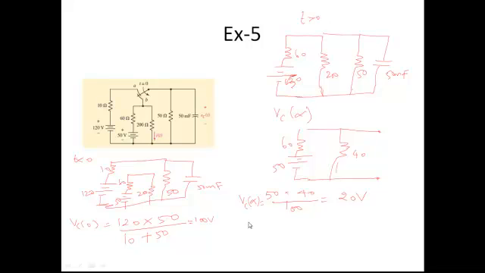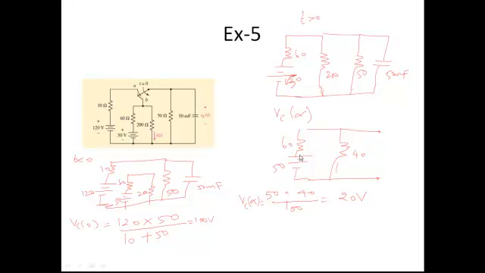The next step is finding R equivalent. Now you have to find the equivalent resistance seen by the capacitance. If you look from the capacitance, you make all the sources equal to 0. If you make the voltage source 0, it becomes short circuited. So under the short circuit, you will find this 60 ohm, 200 ohm and 50 ohm are all in parallel to each other.